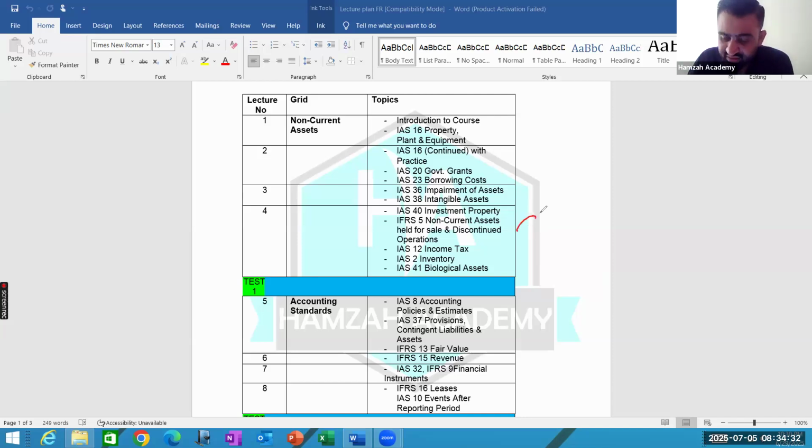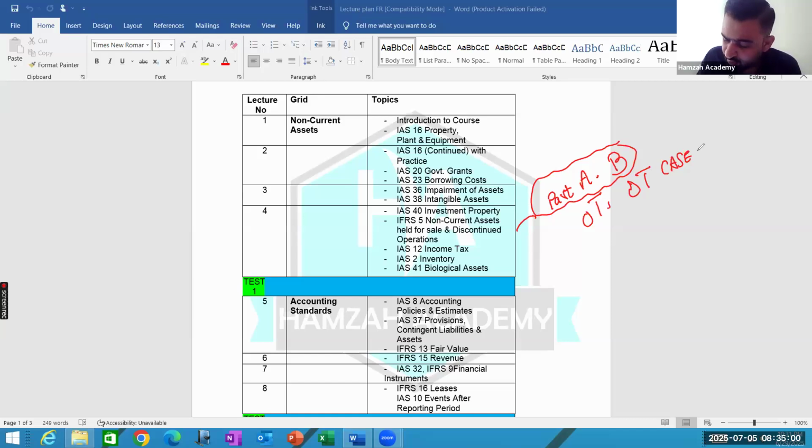The testing methodology will be Part A and Part B of your exam, meaning OT questions and OT case studies will be covered in this test number 1, in the form of OT and OT case study. The test 1 will be conducted.